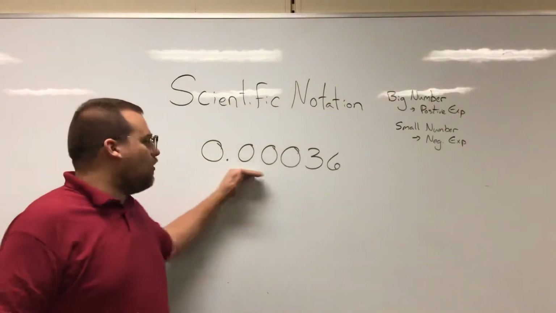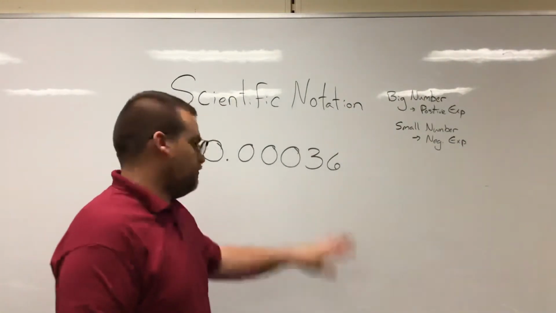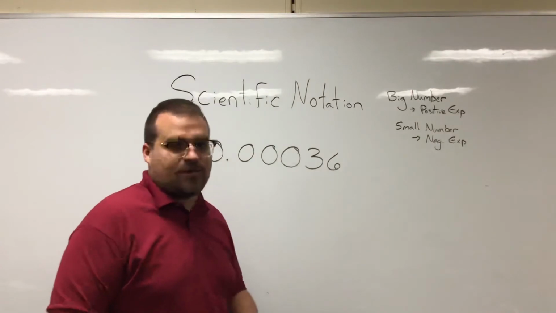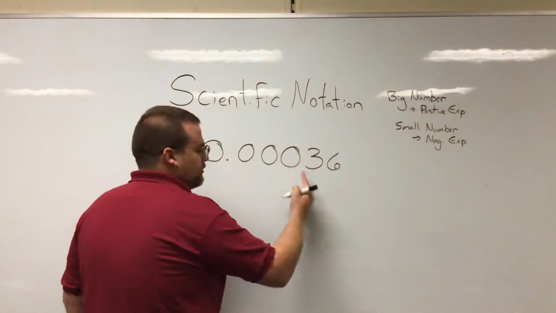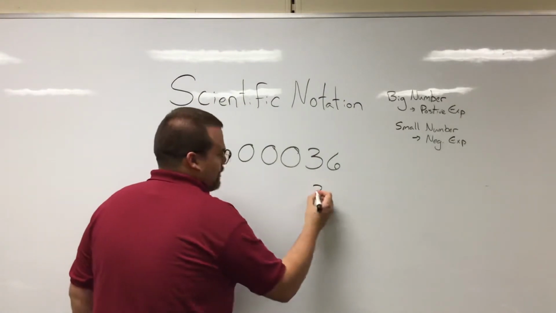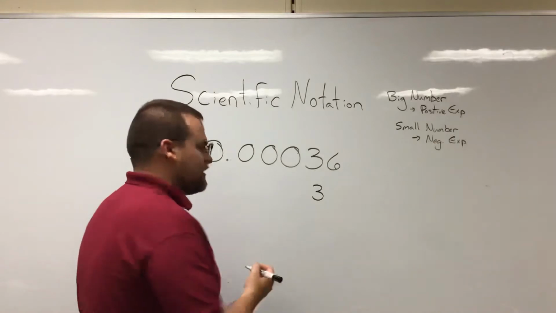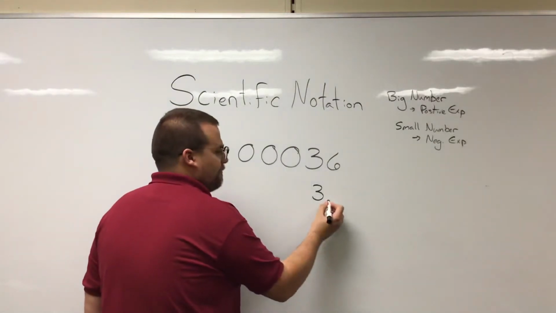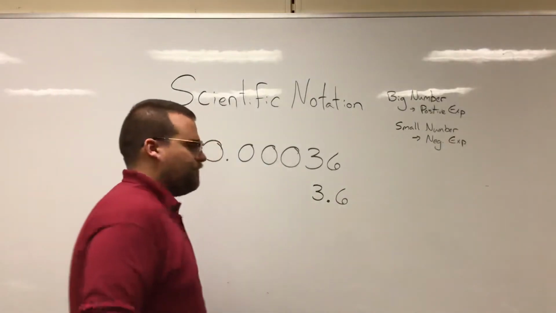We ignore all these zeros until we see an actual number, meaning that 3 and that 6 there. We take the first number we run into, in this case the 3, and that becomes our single first digit. And our decimal is going to take place after it. So after that 3, we care about the 6.